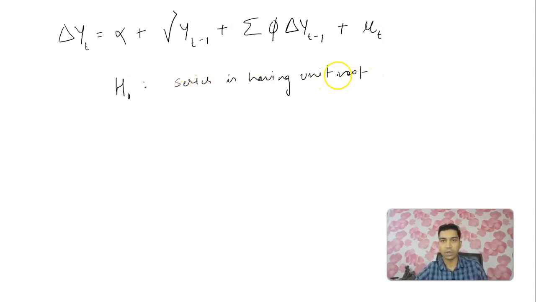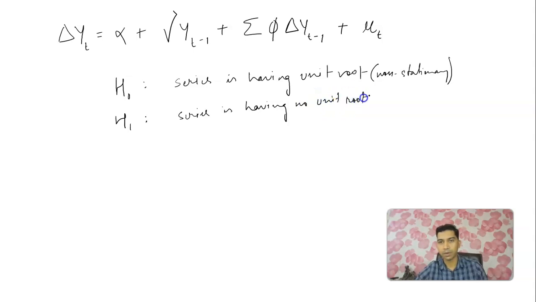Unit root simply means it's non-stationary. And the alternative, H1, is that the series has no unit root, that is, it is stationary.